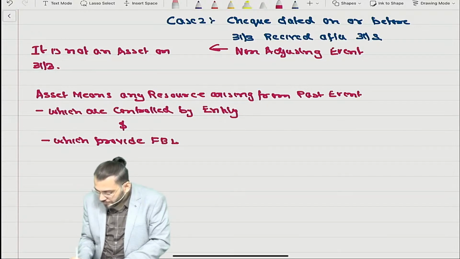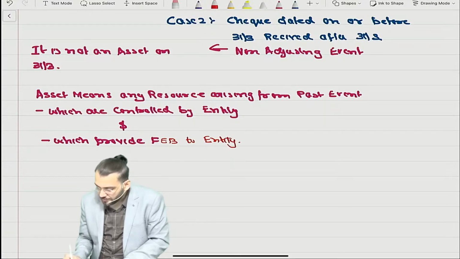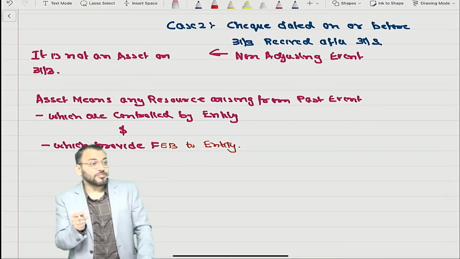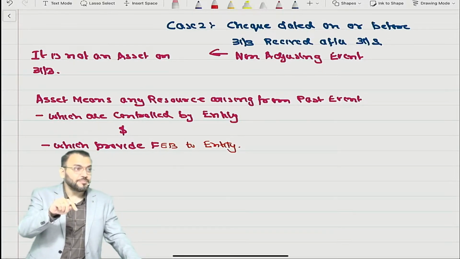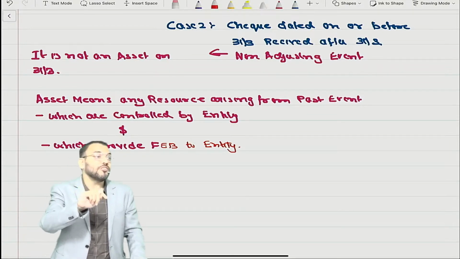FEB means what? Future economic benefit to the entity. Understood? So asset means any resource arising from past activity which is under the control of the entity and which provides future economic benefit to the entity.